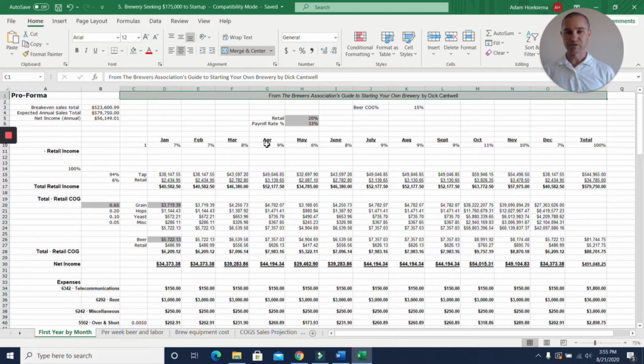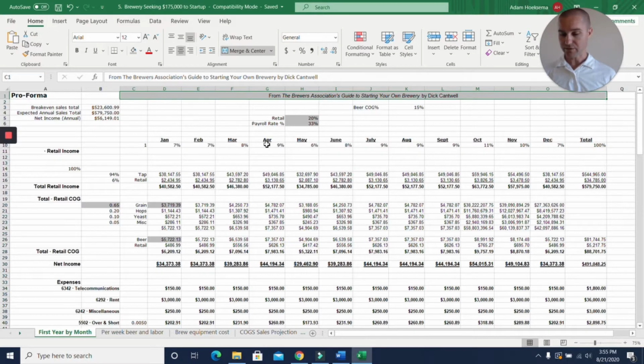So really what we're looking at here is just how does this template work for the intended purpose of raising capital? From the lender's eyes or the investor's eyes, is this model working well?